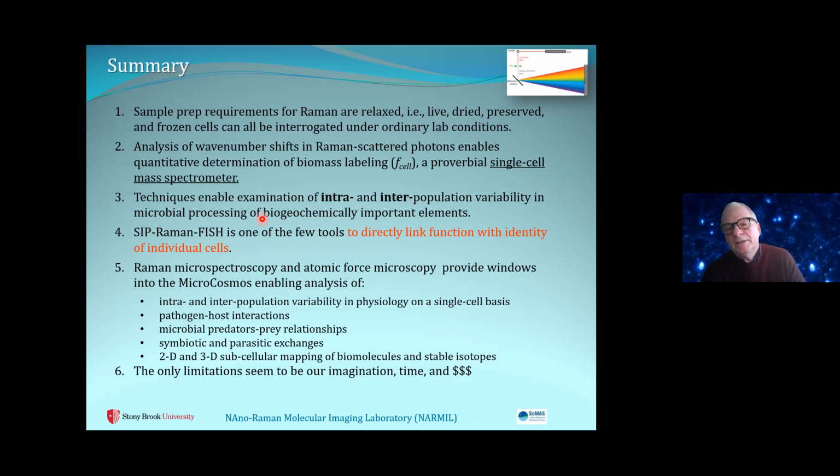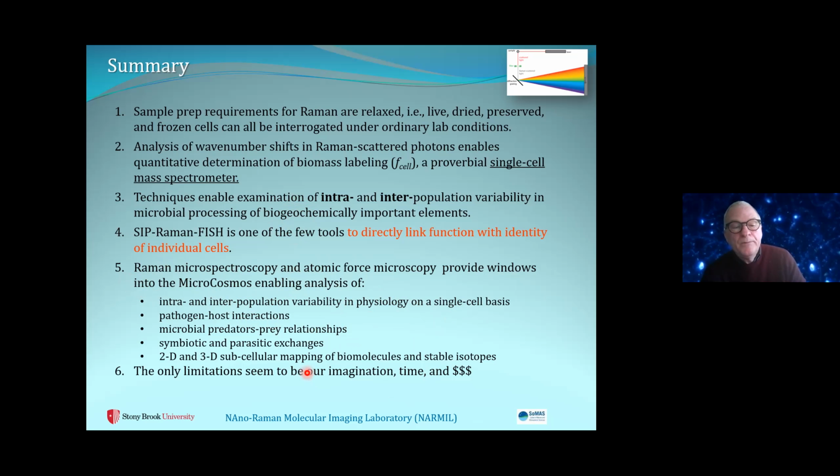SIP NanoSIMS also has the same capabilities. Raman microspectroscopy and AFM provide windows into this microcosmos, and that enables us to analyze variability of physiology on a single cell basis. It gives us tools to look at pathogen-host interactions, tools to look at microbial predator-prey relationships, symbiotic and parasitic exchanges.